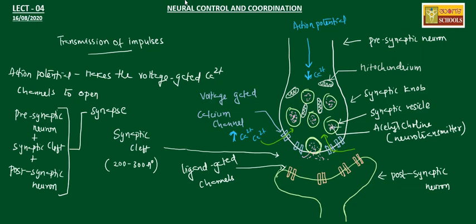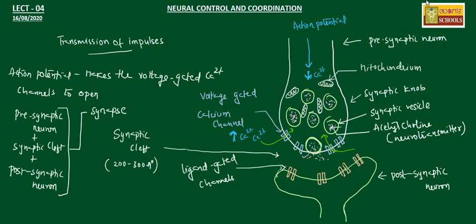So you can consider the membrane of a presynaptic neuron, the membrane of a postsynaptic neuron, and the synaptic cleft.